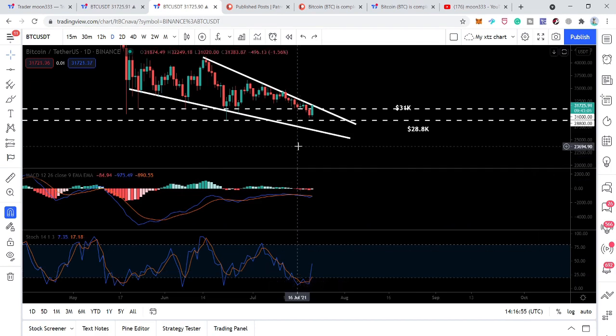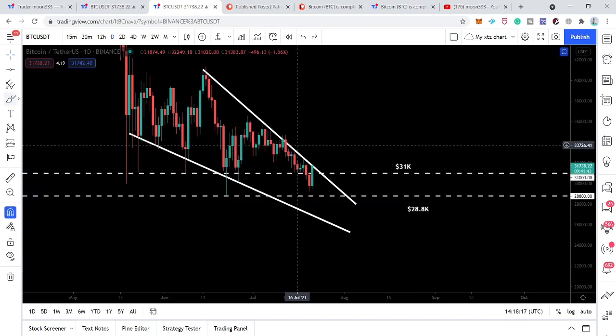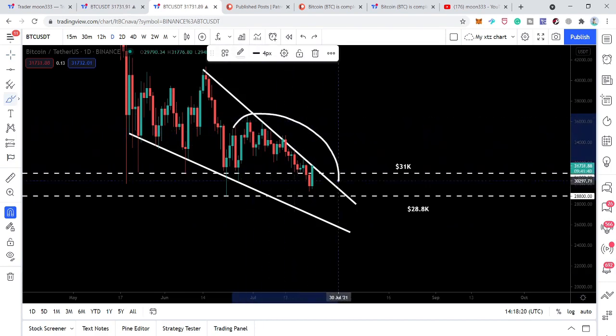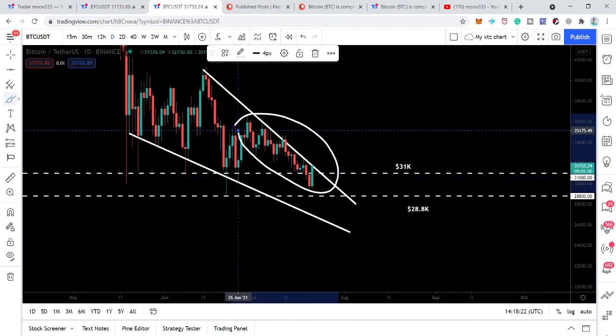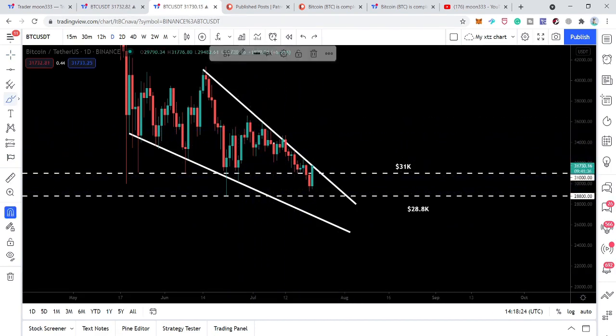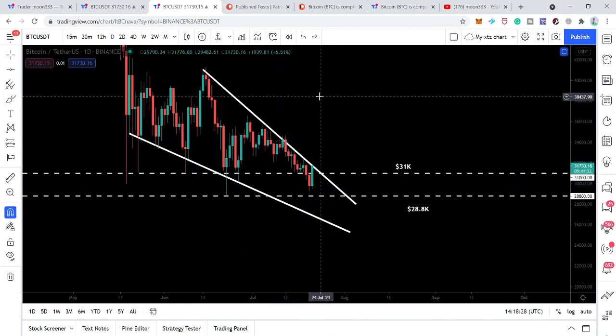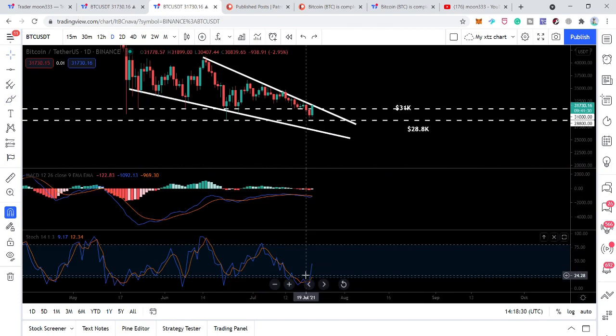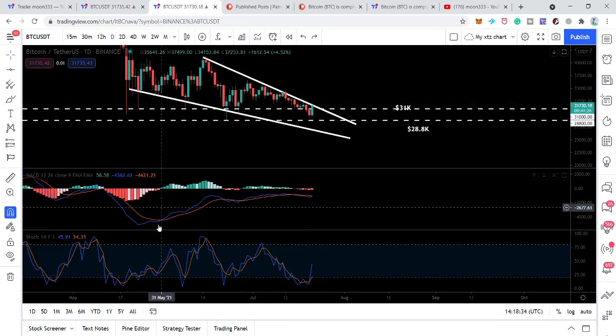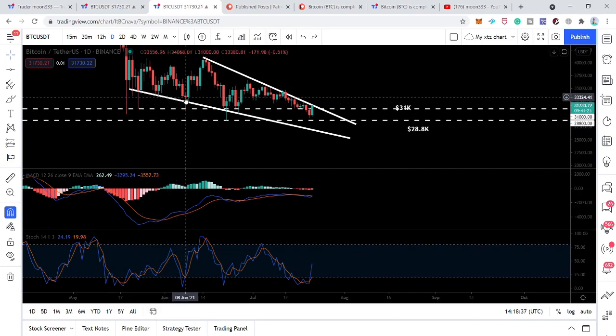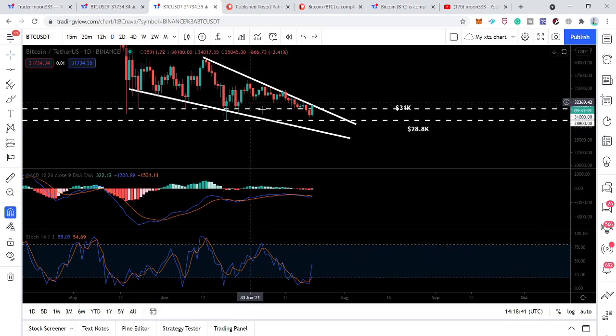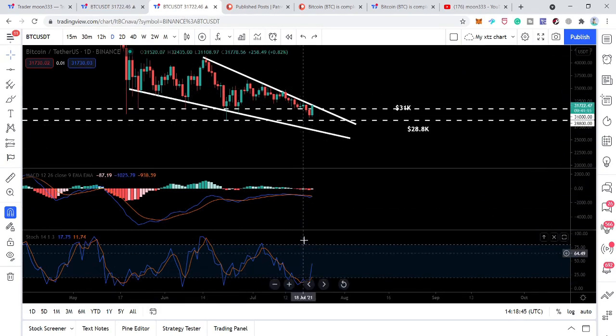And I told you that this time, the probability for the breakout is more than the previous days because this time the price line is at the resistance of the falling wedge. And at the same time, the stochastic has entered the oversold zone. Previously, whenever the candlesticks were moving at the support, the stochastic was moving in the oversold zone, but this time the candlesticks are at the resistance and the stochastic has entered the oversold zone.